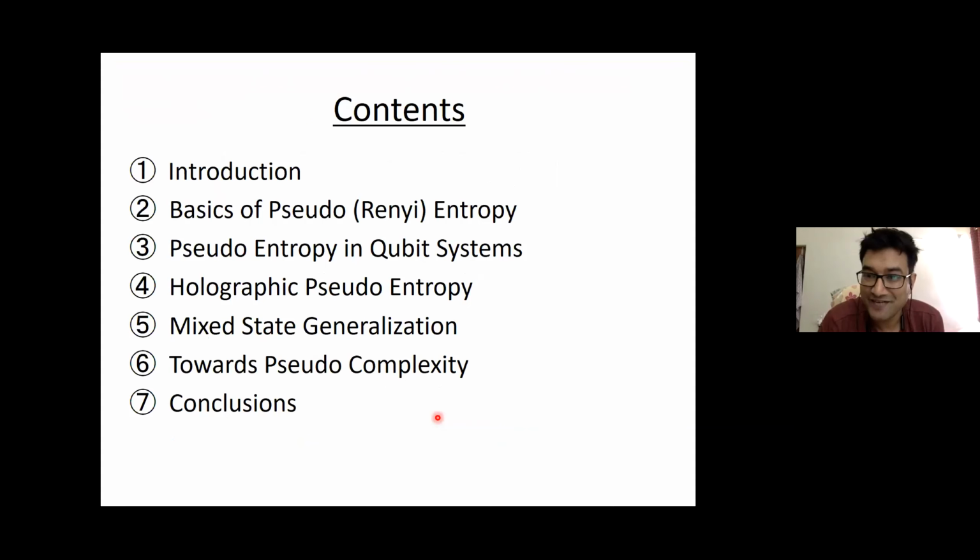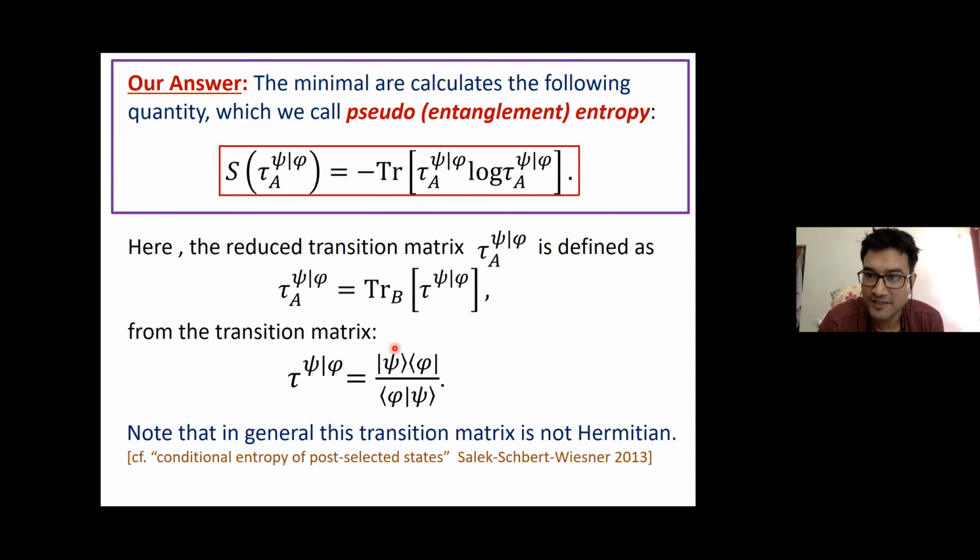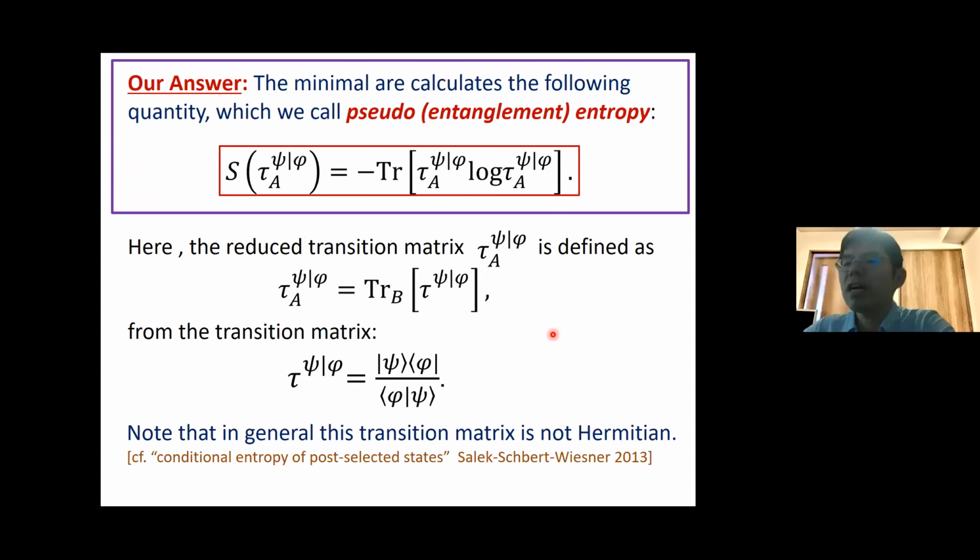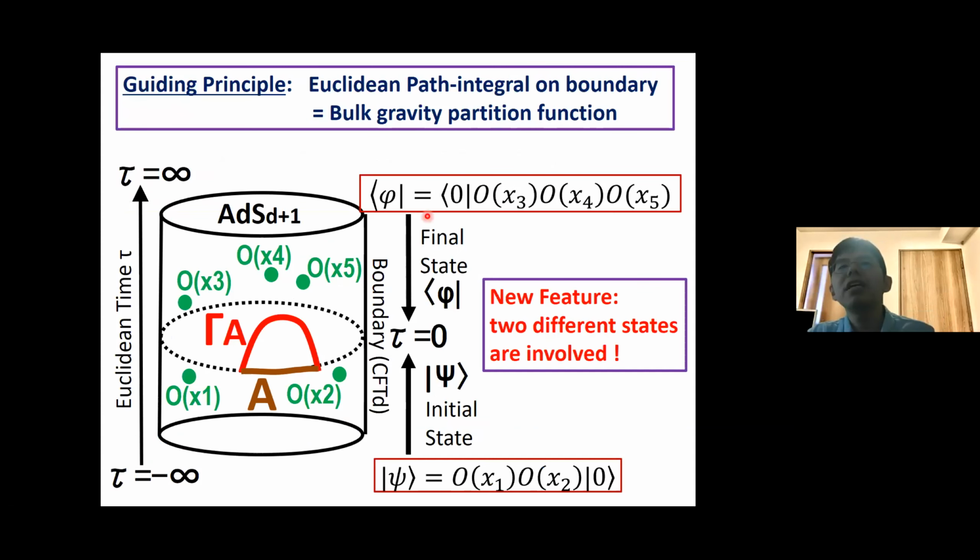Okay, I have another stupid question. Maybe I'm just not familiar with some issues. But where do these two states come from? It comes from the path integral. So we have a path integral from minus infinity to plus infinity.